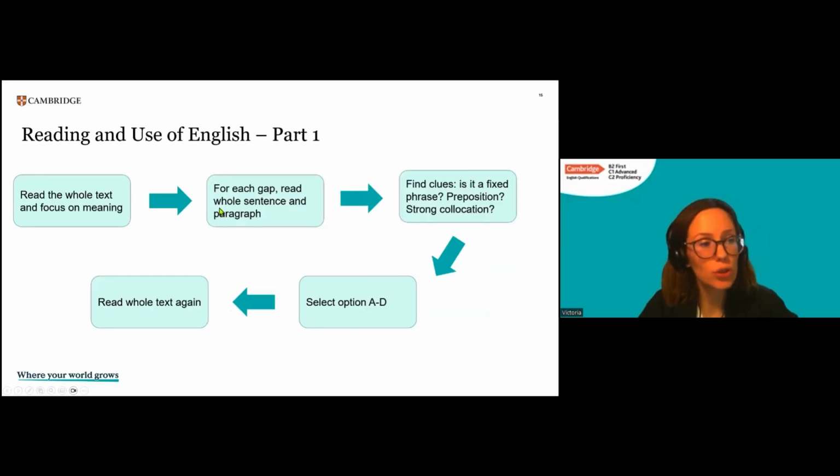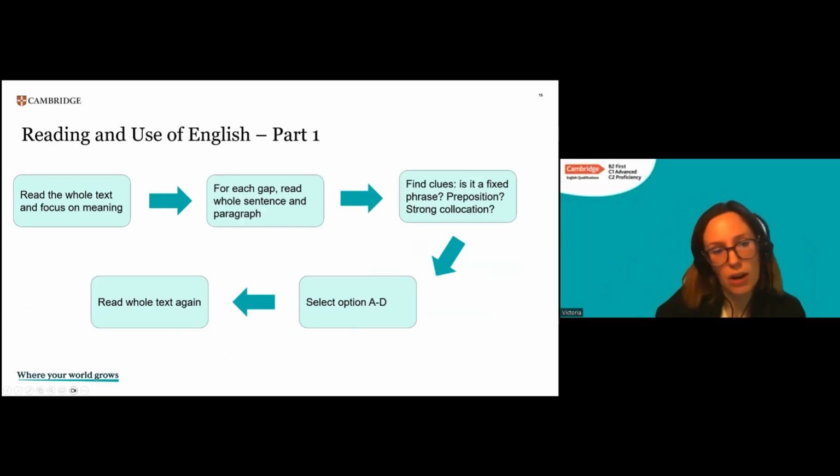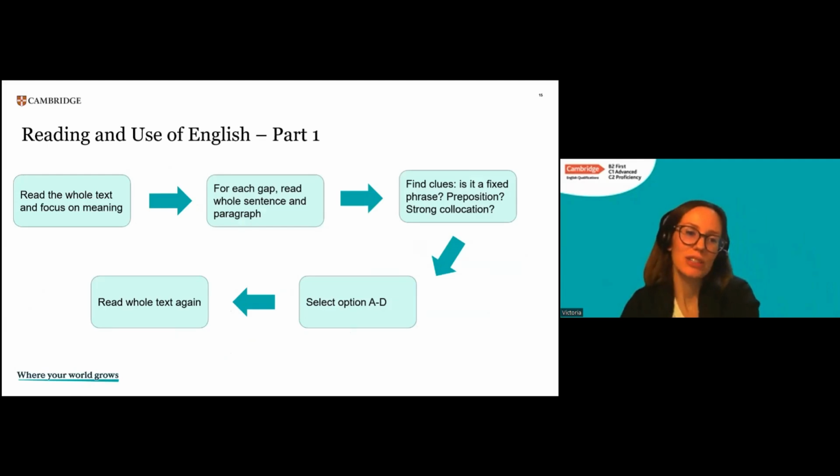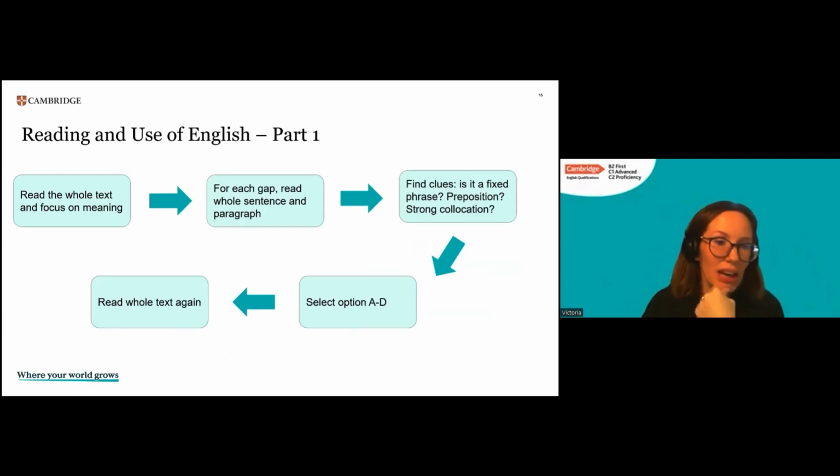So how should we approach these parts of the exam? The most important thing, something that maybe you don't think about when you start, is that you go and start focusing on the gaps straight away. But it's important that you read the whole text quickly, so you can get an idea what the text is about. Don't focus on the gaps yet.